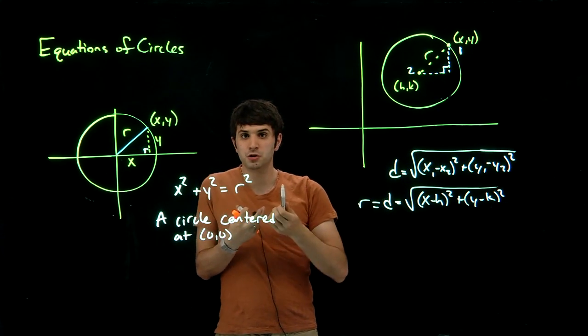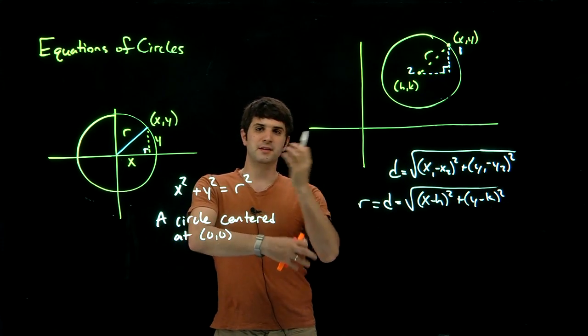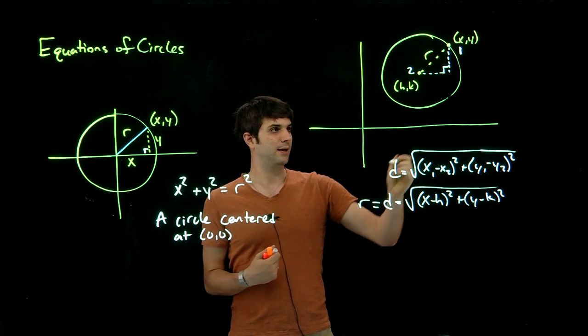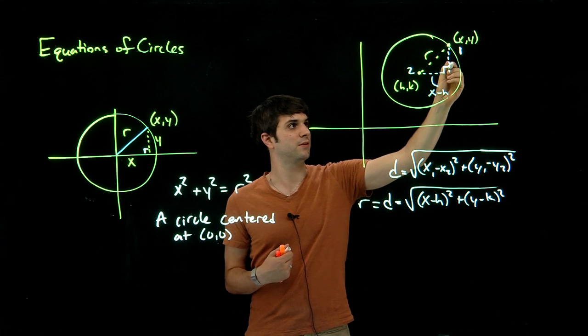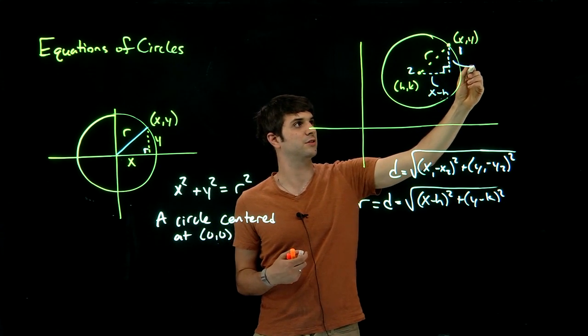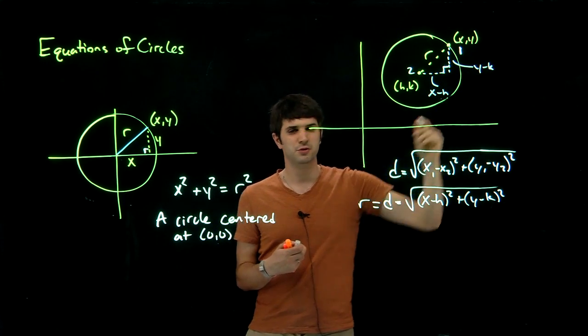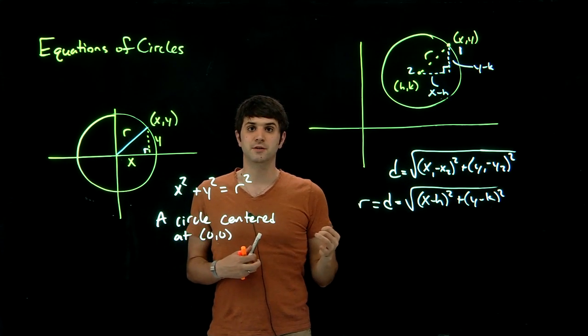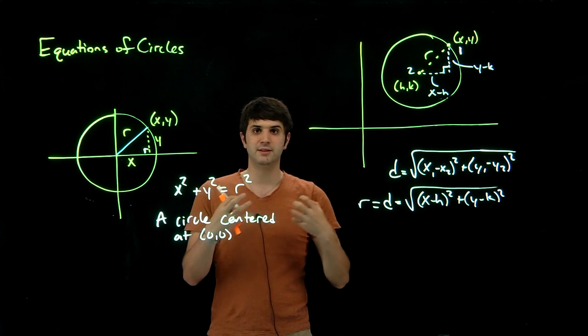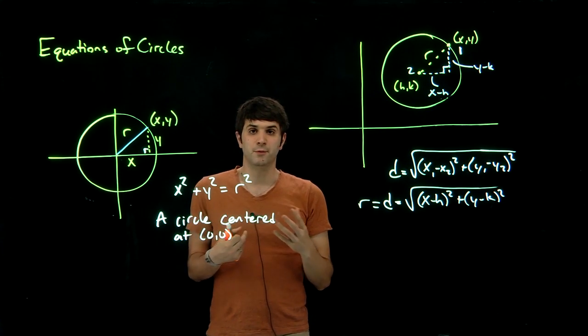Now, you should notice that all of this is in common. This value is x minus h, and this value of that line is y minus k. So you see that the distance formula, Pythagorean theorem, and equation of circles are all very interconnected, and they all stem from the same concept.